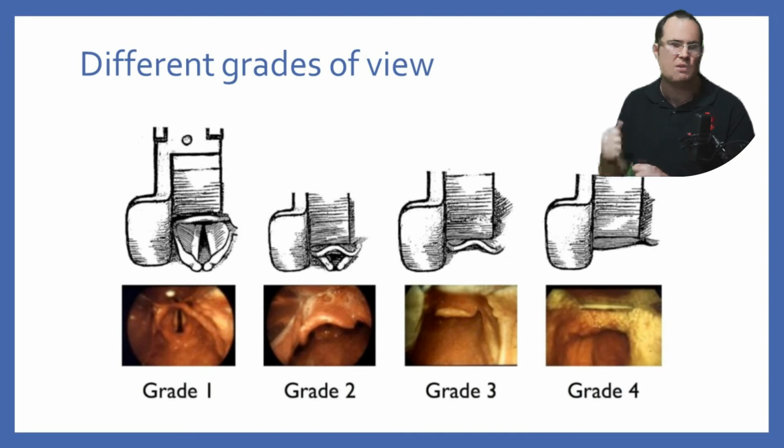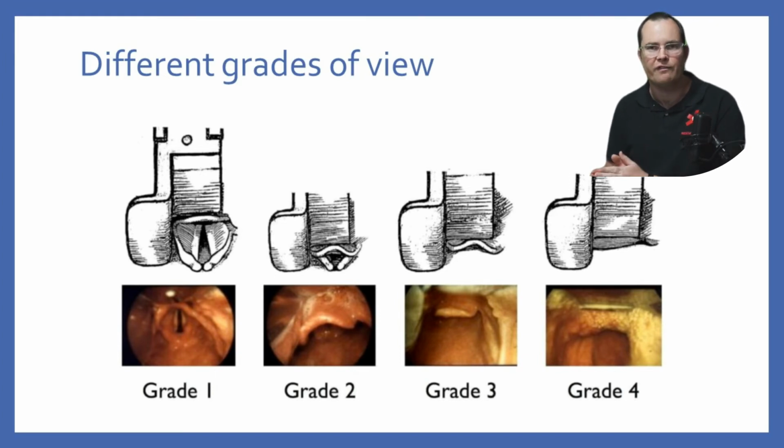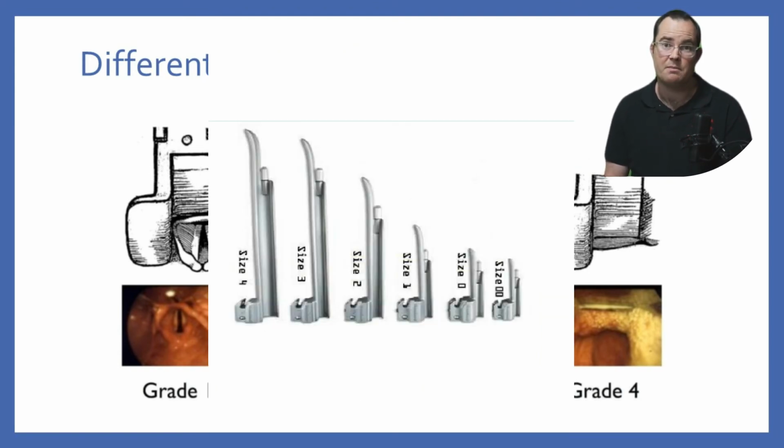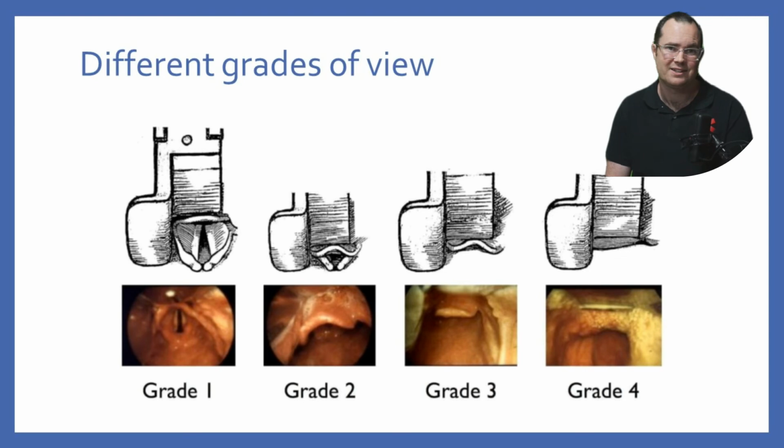That's it. I'm just going to move up in size. Now, if I'm using a Mac 4 and I still have a grade 3 or grade 4 view, now is when I'm going to ask for a Miller blade, because the Miller blade's a lot longer. And some people's anatomy is very weird. You'd be shocked to see how far some people's airways get.